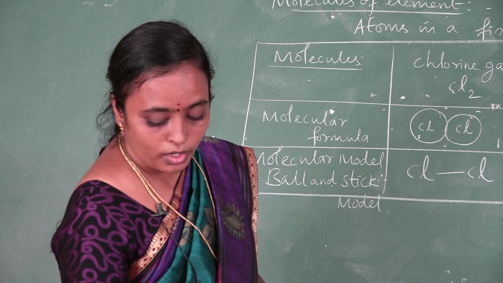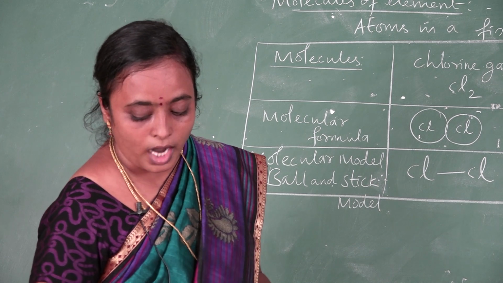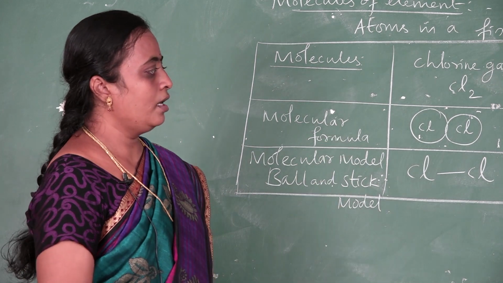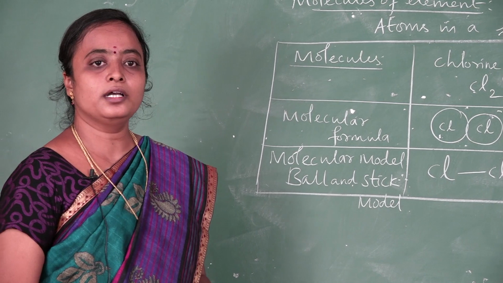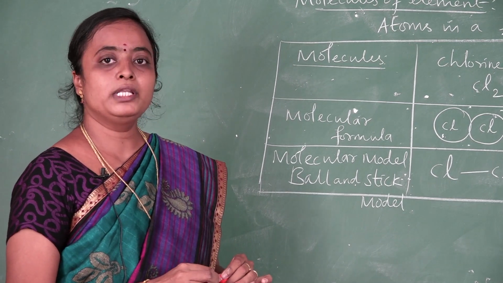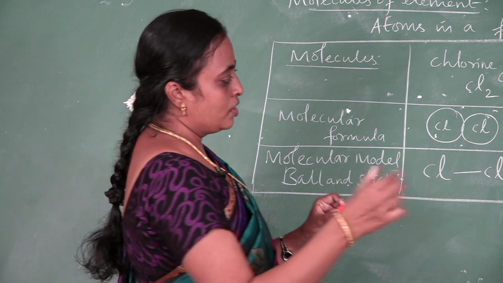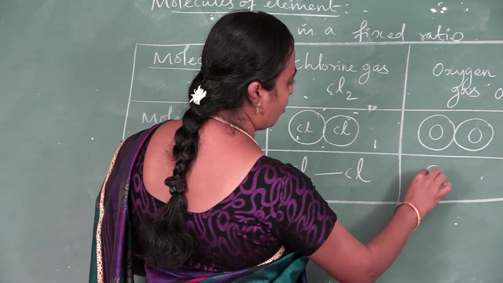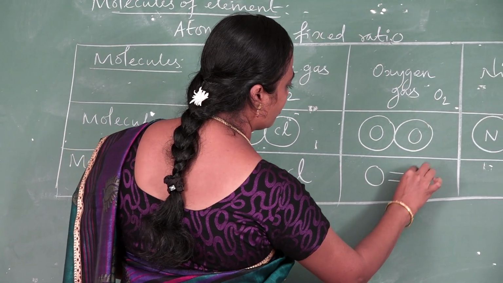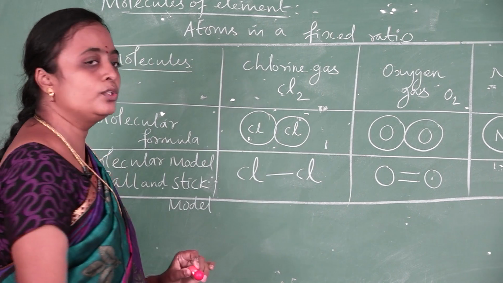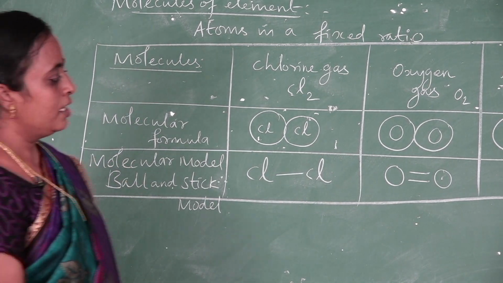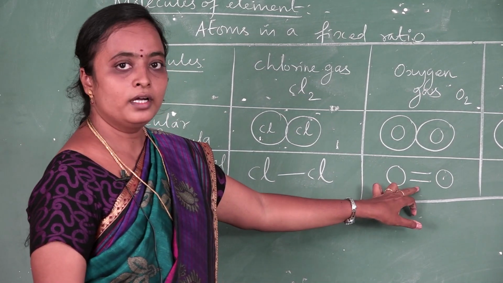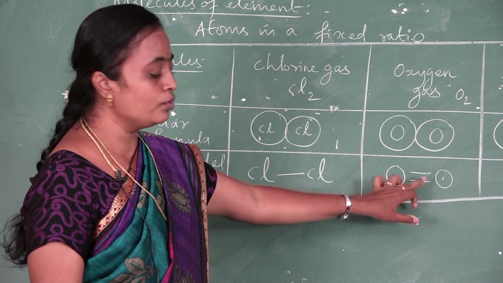In the same way, if I am taking oxygen, the bond is formed between two oxygen atoms. So oxygen is O double bond O; between the two atoms of oxygen there is involvement of two bonds.